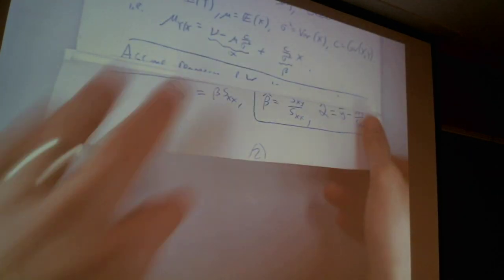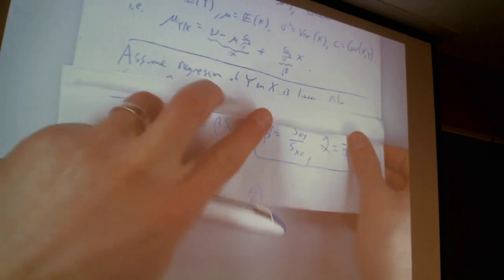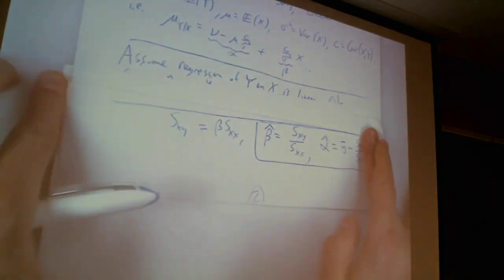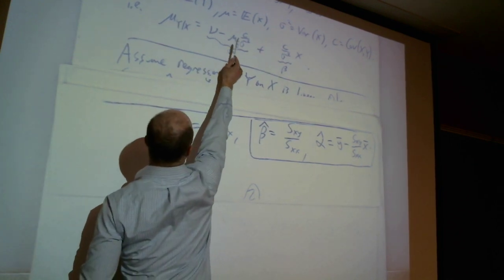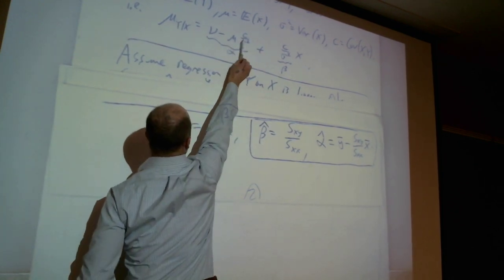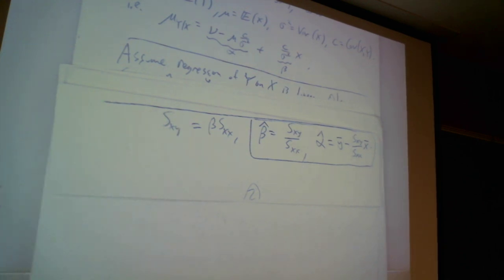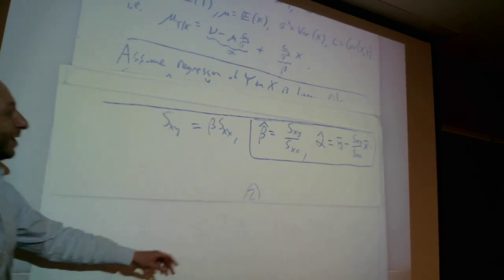Alpha was supposed to be the expected value of y minus the expected value of x times the covariance divided by the variance of x. And look at what we've done.